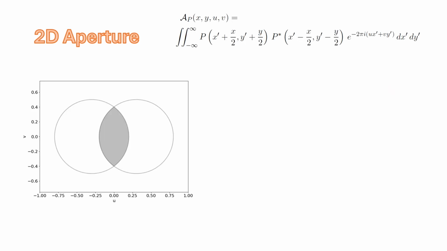Moving to a two-dimensional aperture, we can calculate the ambiguity of the pupil as shown functionally here by thinking of it that we have the pupil function, we're going to shift it by some amount, and then we take the Fourier transform of the overlap region of the shifted pupils. So if we evaluate this for a certain shift and at a certain frequency, that would be the Fourier transform of this overlap region corresponding to that shift.